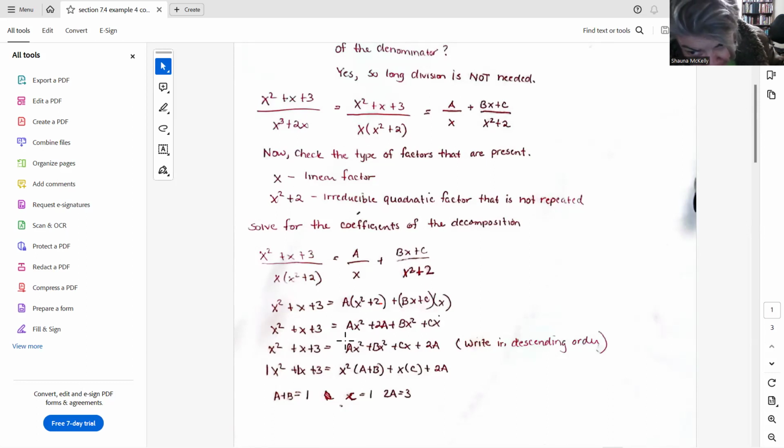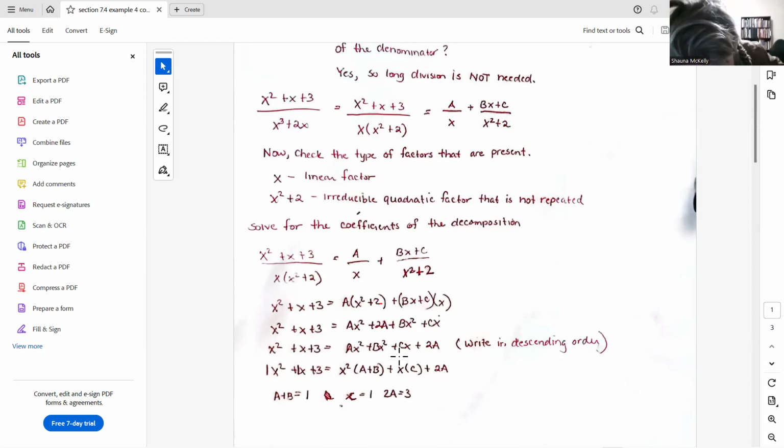Now, all I did on the right was distribute. So a times x squared, ax squared, plus 2a, bx squared plus cx. Now, you don't have to do this next step. I put in an extra step here just to make this a little more readable. I don't do this all the time, but I did it here.